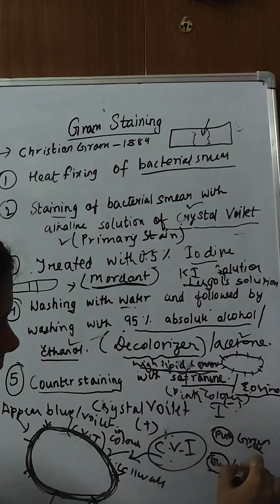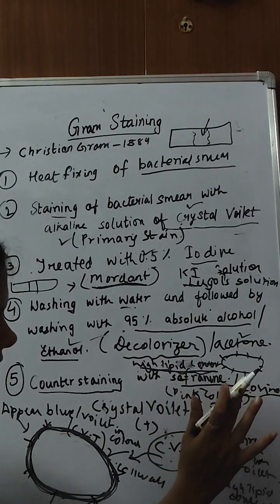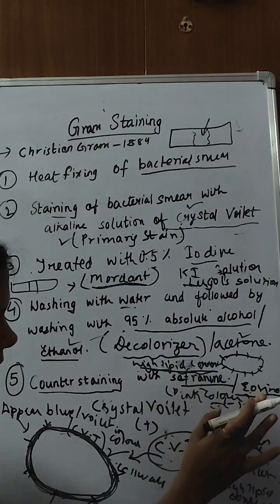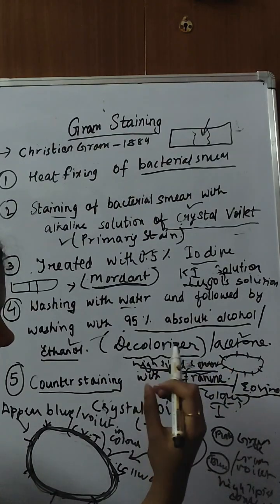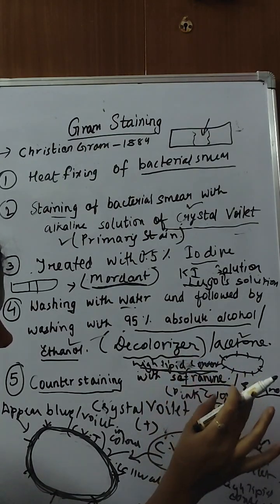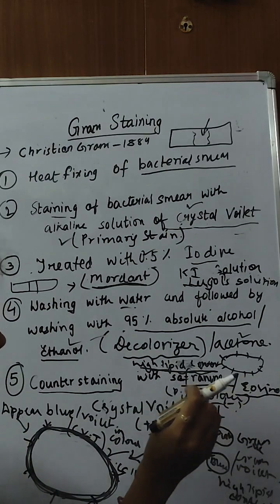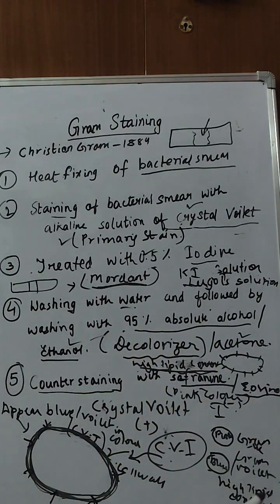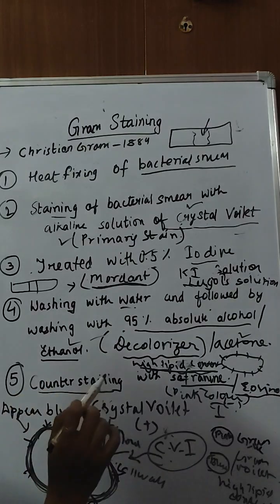These are the gram-positive bacteria, which appear blue or purple because they have a low lipid content and a thicker peptidoglycan layer in their cell wall. So they retain the crystal violet iodine complex inside their cell wall, and appear purple even after using safranine.